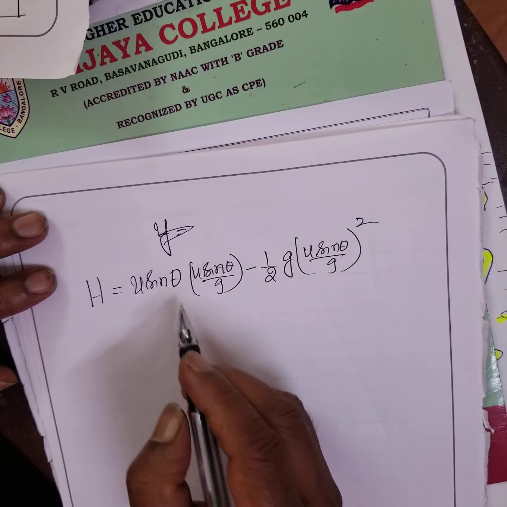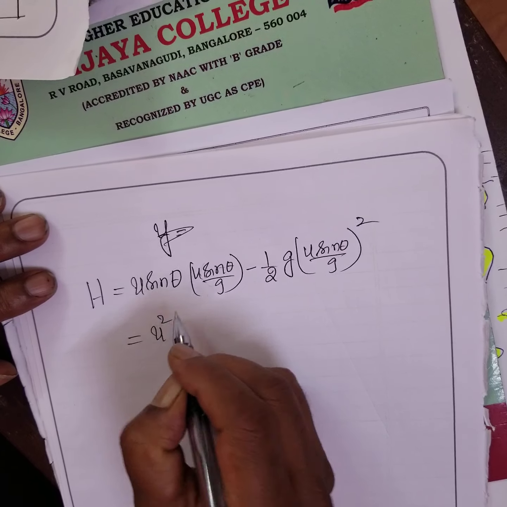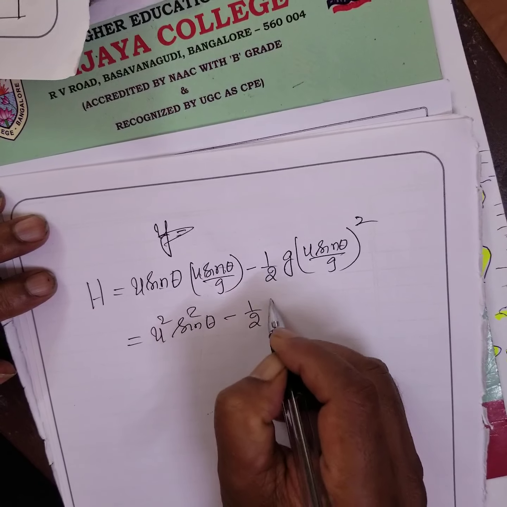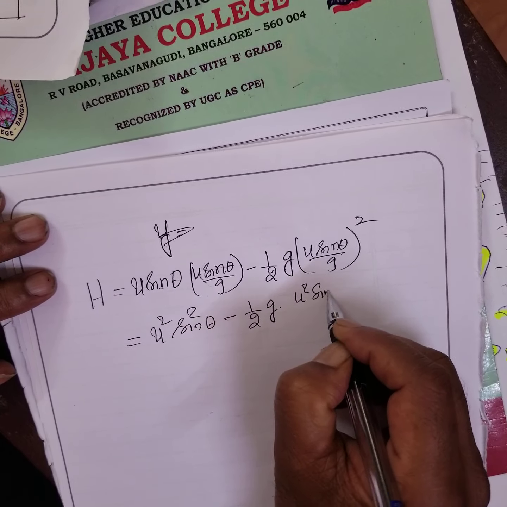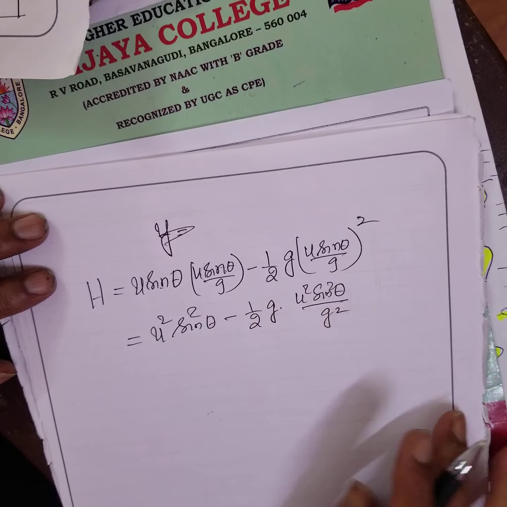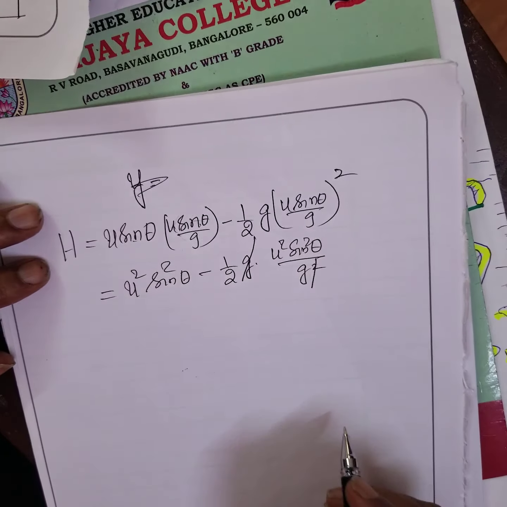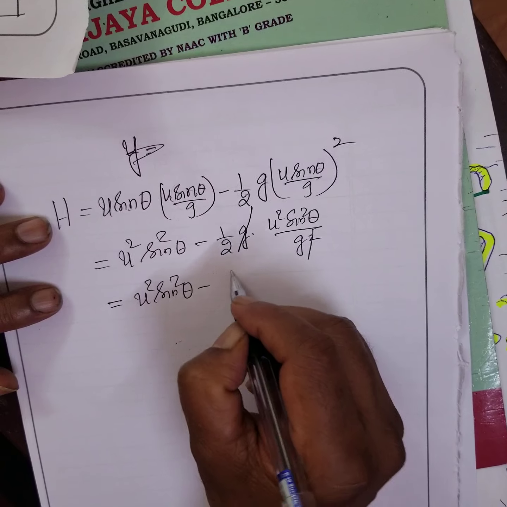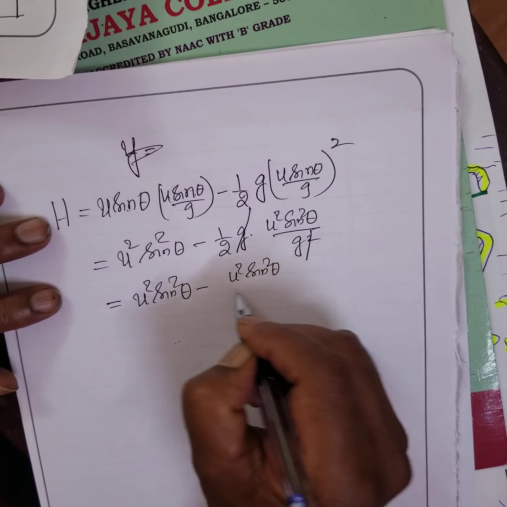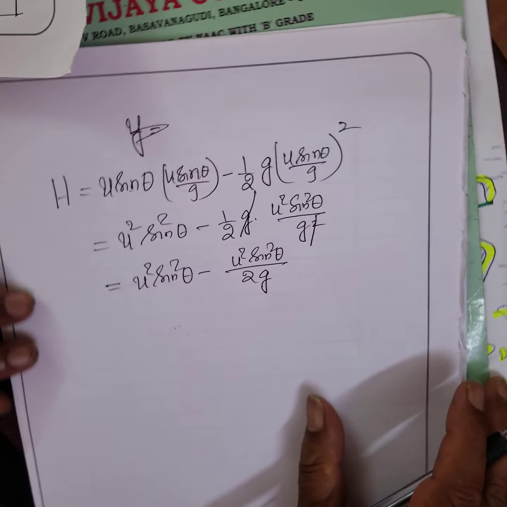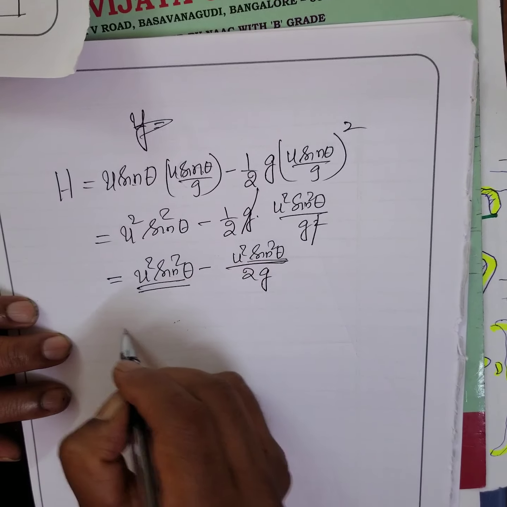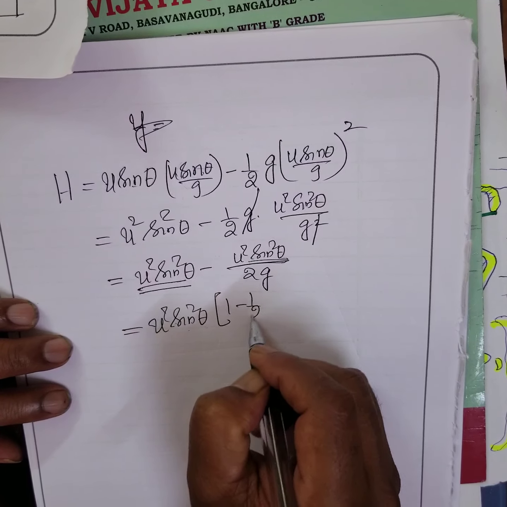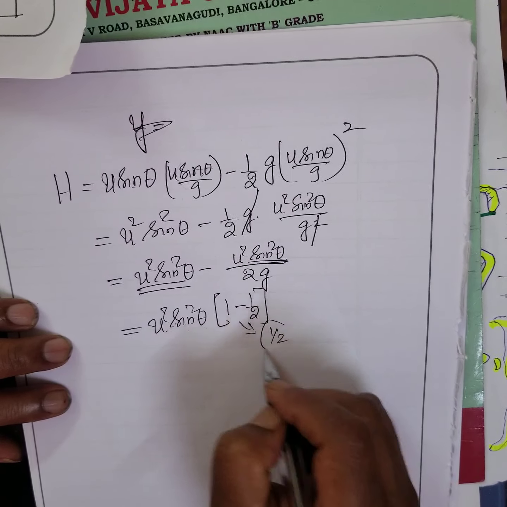Now you simplify here. U into u square sin square theta by g, minus half g u square sin square theta by g square. G gets cancelled. That is equal to u square sin square theta by g minus u square sin square theta by 2g. Now which is the common factor? U square sin square theta by g is the common factor. 1 minus half is equal to half.